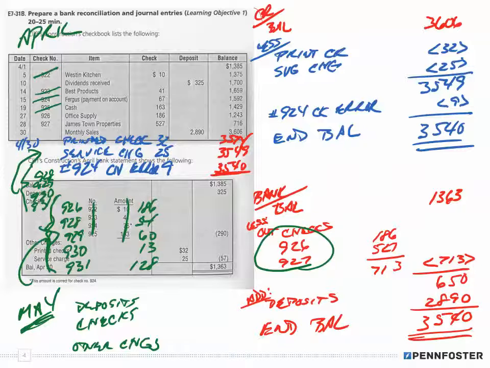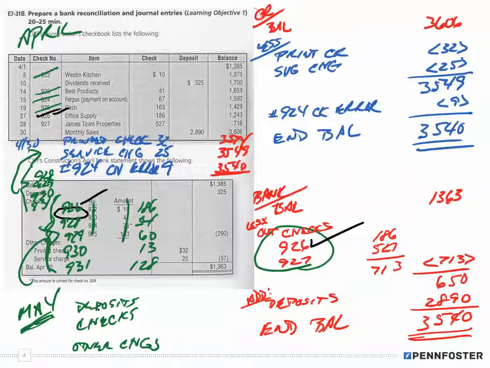So when you're doing your May bank reconciliation, you're going to have to look and say, okay, and I'm going to change colors here, did check 926 hit the bank? Yes, it did. Okay, so that one's good. But you're still going to have to look at check number 927, right? So 926 was actually cashed. But when I'm looking at 927, I don't see 927 here. Right?